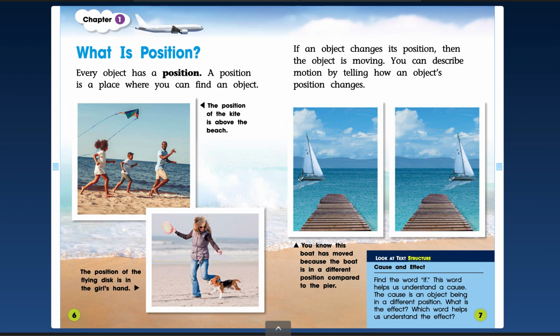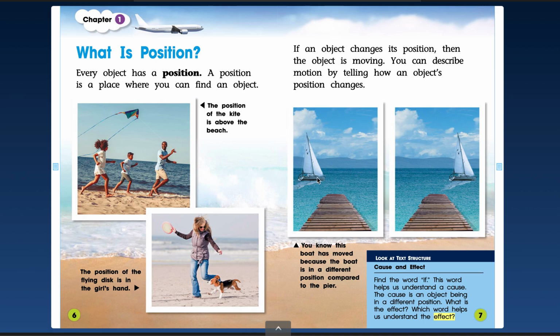Look at text structure. Cause and effect. Find the word if. This word helps us understand a cause. The cause is an object being in a different position. What is the effect? Which word helps us understand the effect? Okay, so we know this boat is moving because when they took this picture, the boat was behind the pier, right?